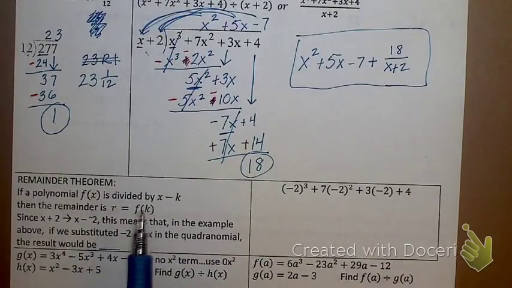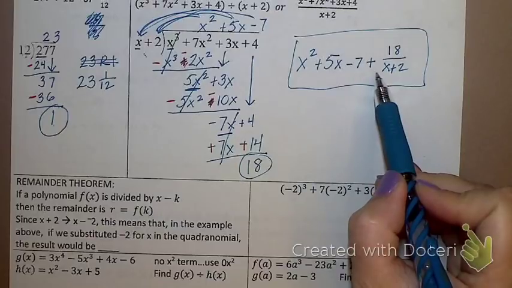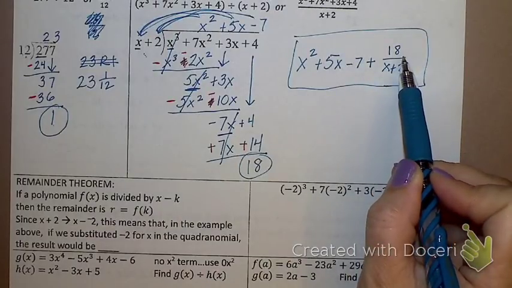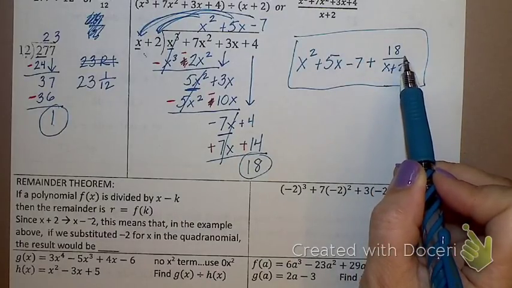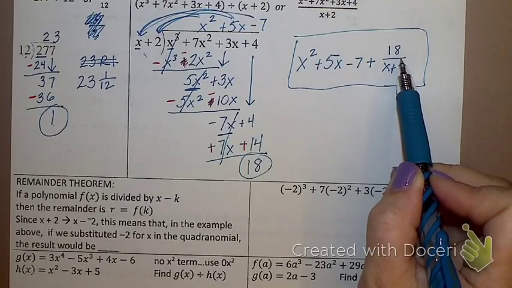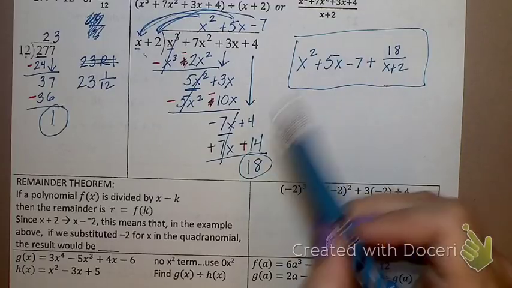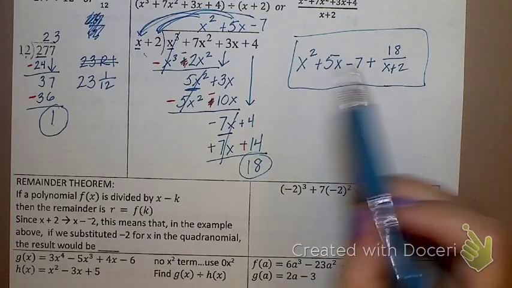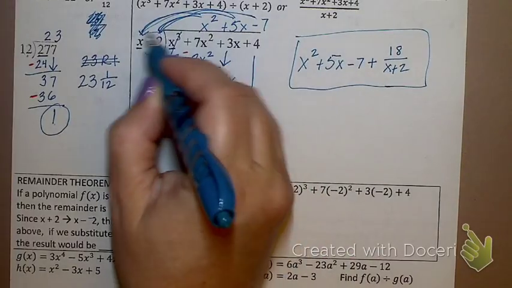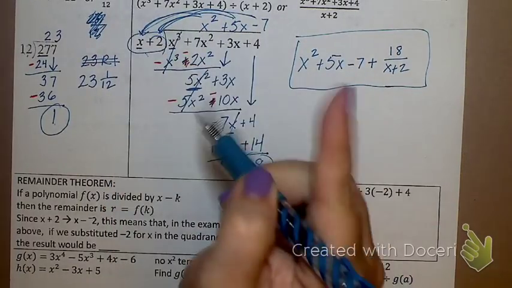If you don't want the full answer, you just want to know the remainder. Why would you just want to know the remainder? Well, if the remainder is 0, then we know it divides evenly, right? If it divides evenly, we have found one of the parentheses that would be used in factoring.